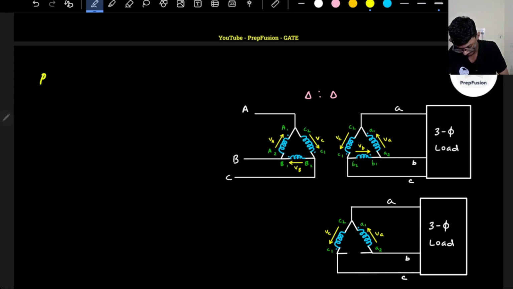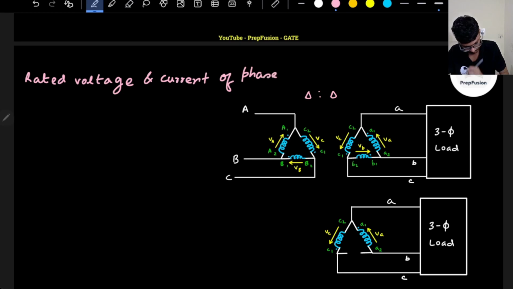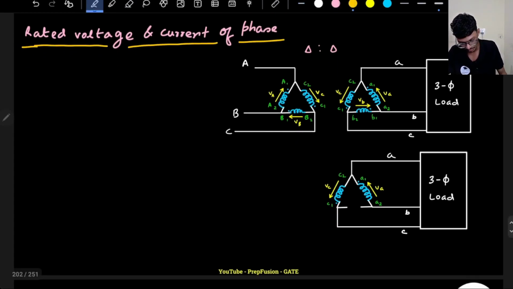Let's assume that the rated voltage and current of phase are VPH and IPH. Okay, what is the three phase power supplied?